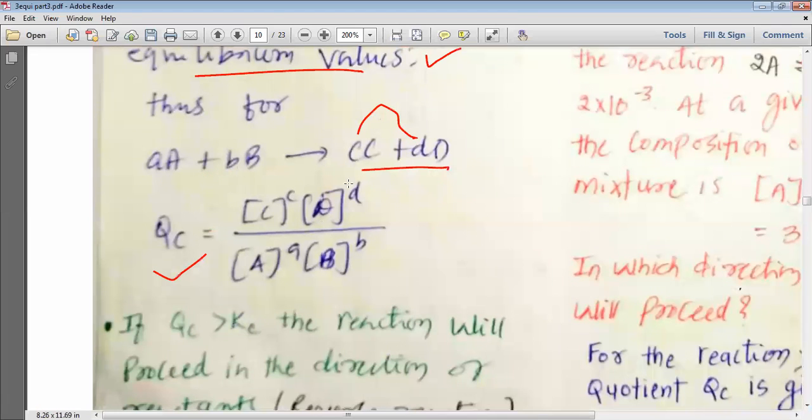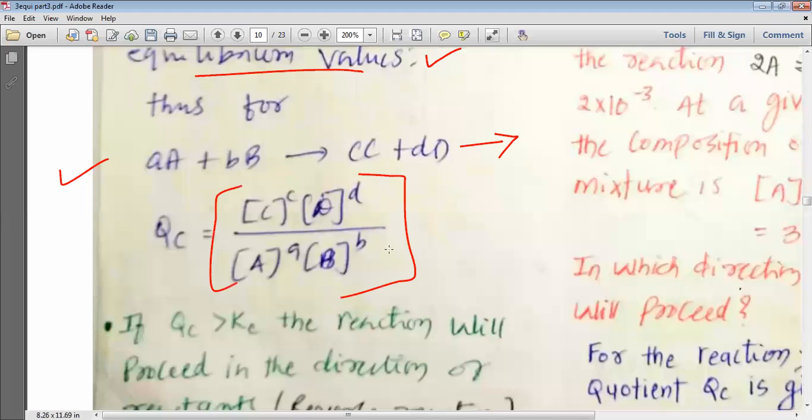But remember that we do not consider the concentrations which are available at equilibrium. At any time other than the equilibrium time, if we take this concentration ratio according to the law of mass action, then this value is known as Qc rather than the equilibrium constant Kc or Kp.